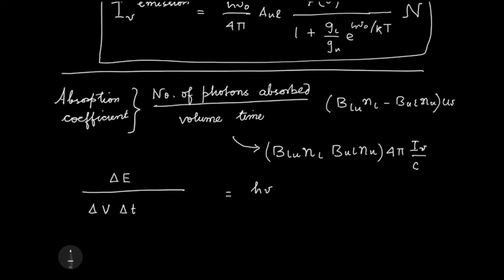So I multiply by h nu by c, I nu. Okay, let me write I nu separately. We'll see why. So h nu by c, I have a 4 pi, and I forgot the minus sign.